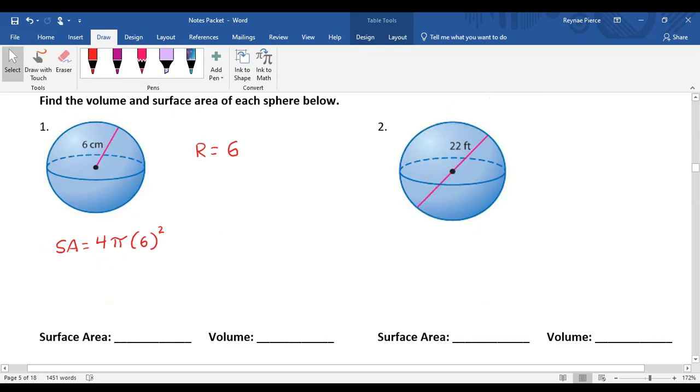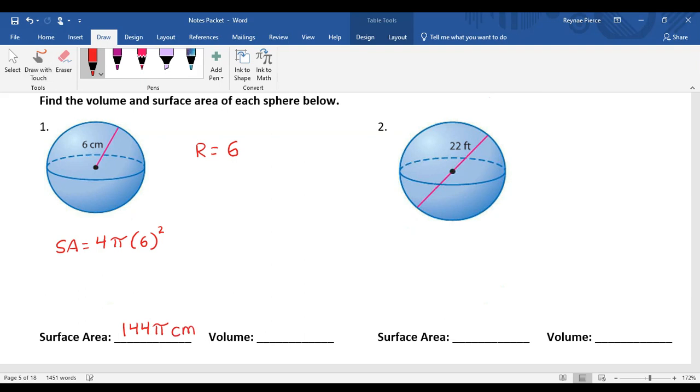So the exact surface area is 144 pi square centimeters. Remember, surface area is still in square units.